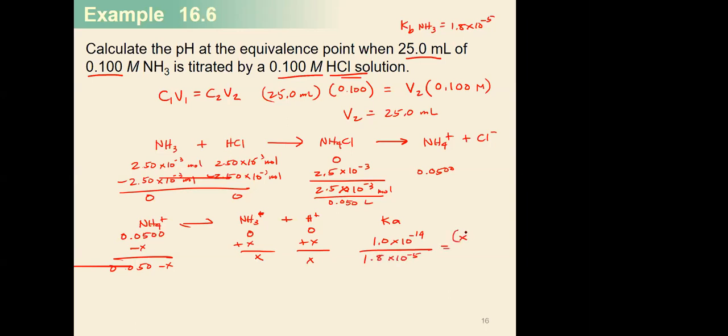You have here X over 0.05 minus X. So this will become 5.6 times 10 to the negative 10. So this is X squared over 0.05. So your X is equal to what? 5.27 times 10 to the negative 6. And this is your H plus.